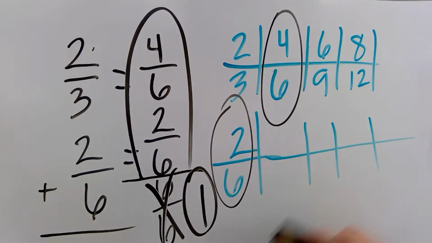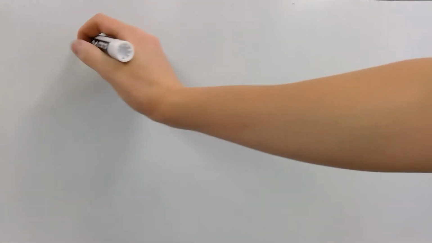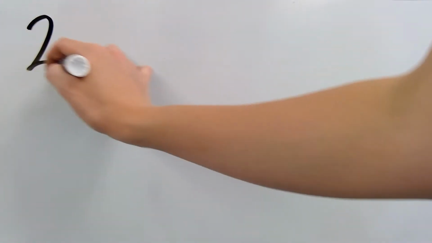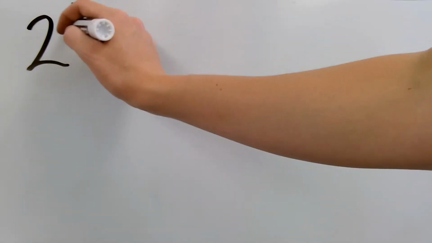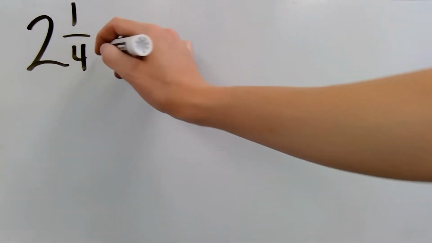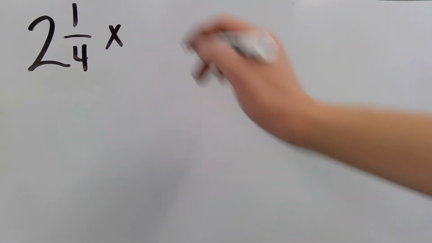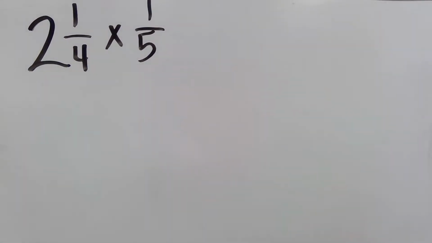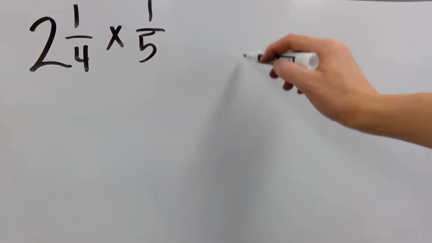Let's do another one of those. Let's say I'm multiplying 2 1/4 by 1/5. So the first thing I'm going to do is set up my area model.